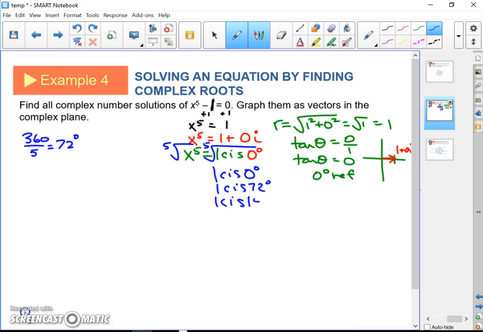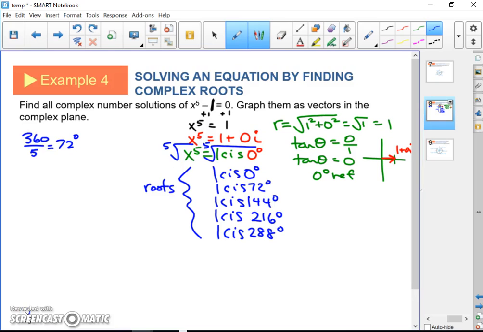Add 72 again, I have 1 cis 144. And again, 1 cis 216. Add 72 again, 1 cis 288. When you get to 5, you know you're finished. If you kept going, adding 72 again would take you to 360, which is basically 0, right back where we started. And so these are my 5 roots.